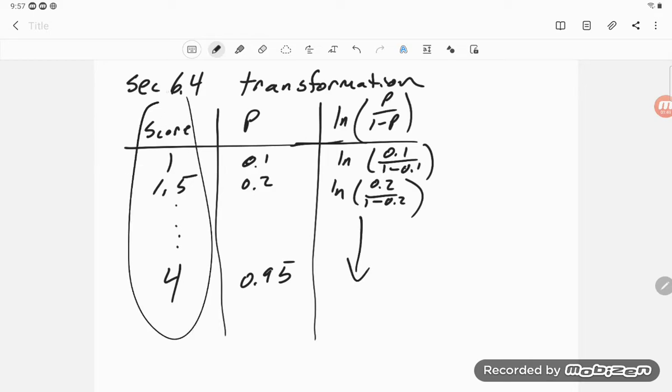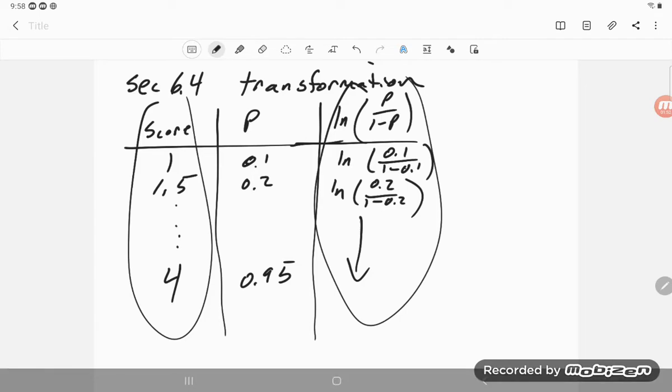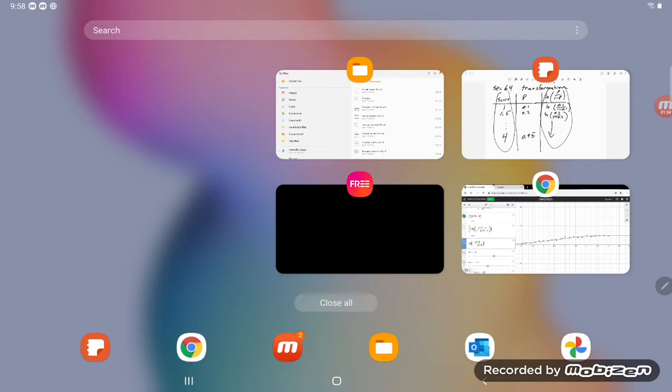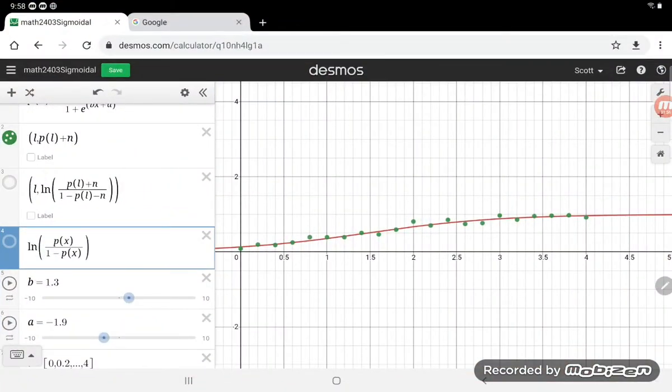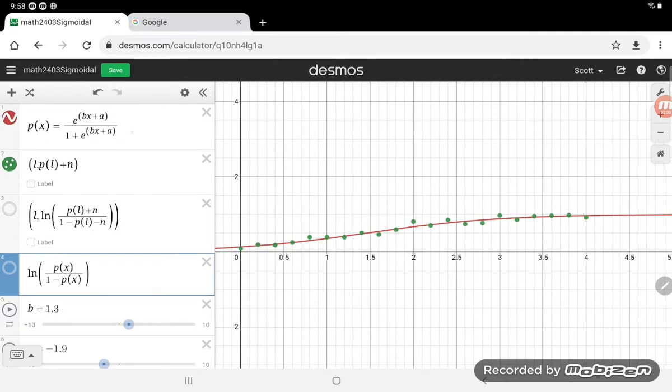And now you would want to look at those data. I kind of did that using our sigmoidal curve here, just in Desmos. So, our original sigmoidal curve was this P of X, and I'm going to turn that off for a minute. And so you may have these data that look like this, and I gave a plot of those.